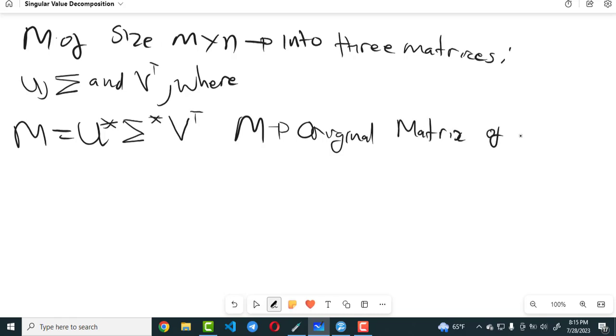And remember, this original matrix is of size M by N, and we reduce it to three matrices.